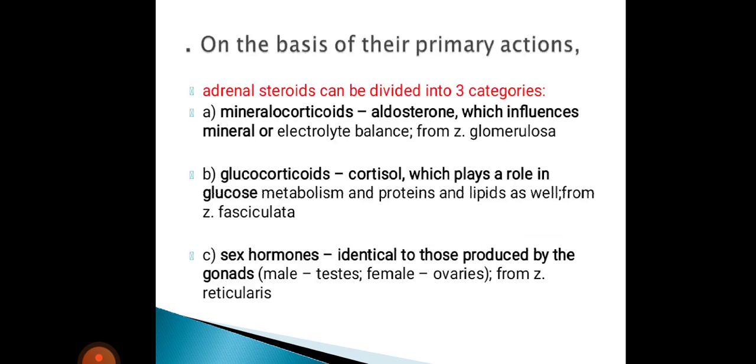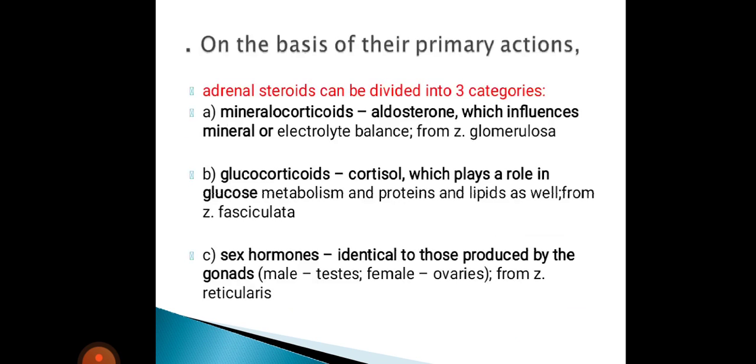Coming to the actions of the adrenal gland. On the basis of their primary action, adrenal steroids can be divided into 3 categories. Number 1, mineralocorticoids, that is aldosterone, which influences mineral or electrolyte balance, from the zona glomerulosa. The second one is glucocorticoids, also known as cortisol.